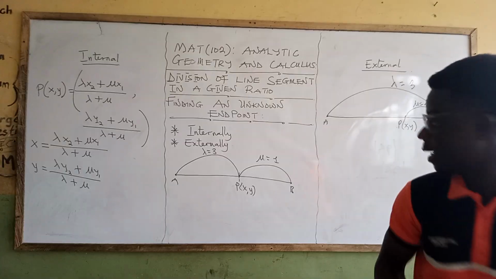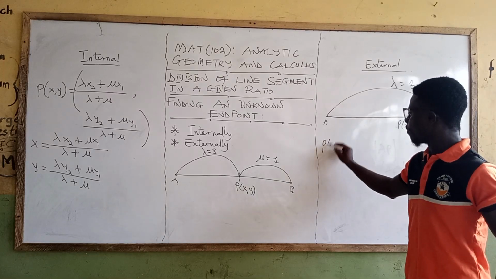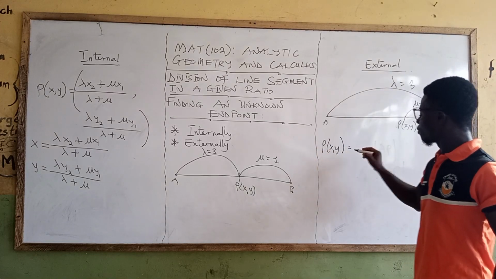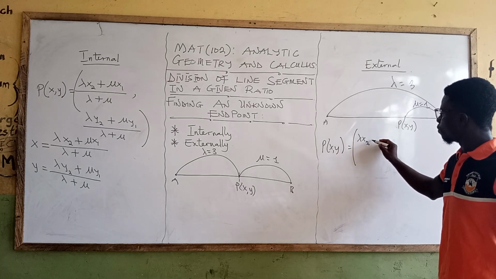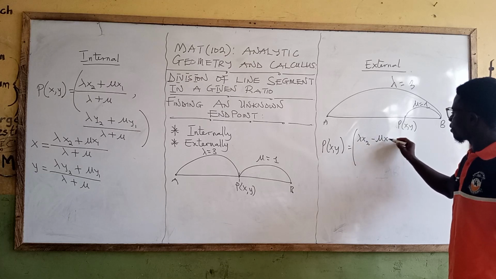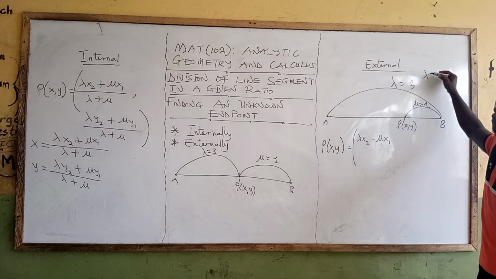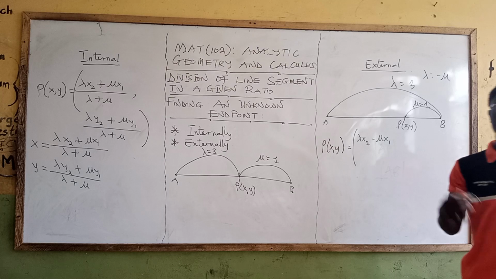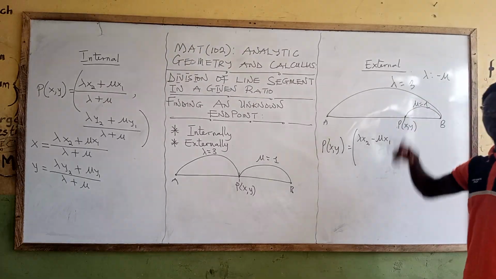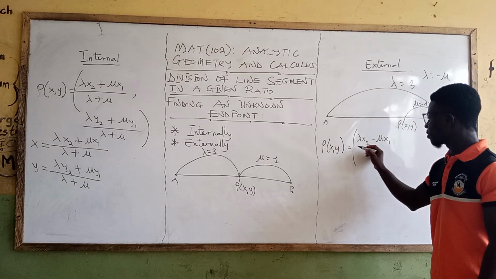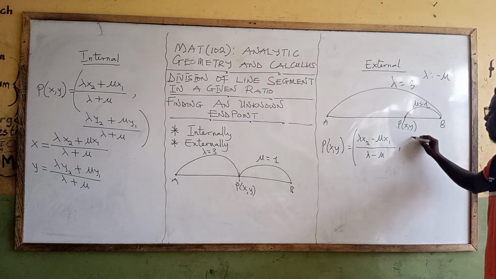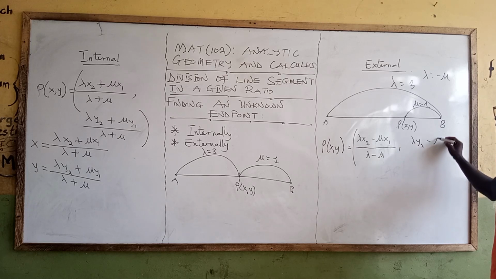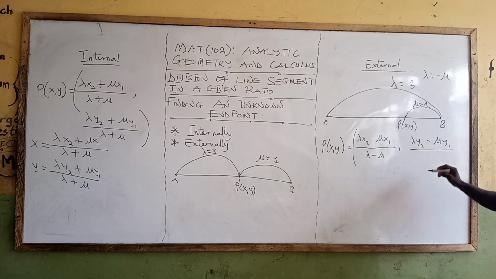Our point P(x, y) should be equal to (lambda x2 minus mu x1) divided by (lambda minus mu). So we negate one of them, the smaller ratio, let's say mu. Then we have (lambda y2 minus mu y1) all divided by (lambda minus mu).